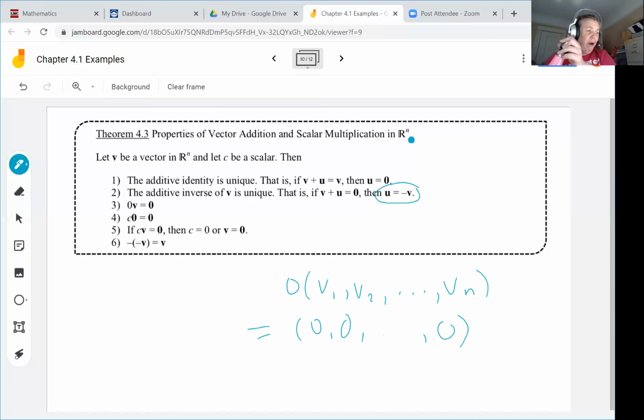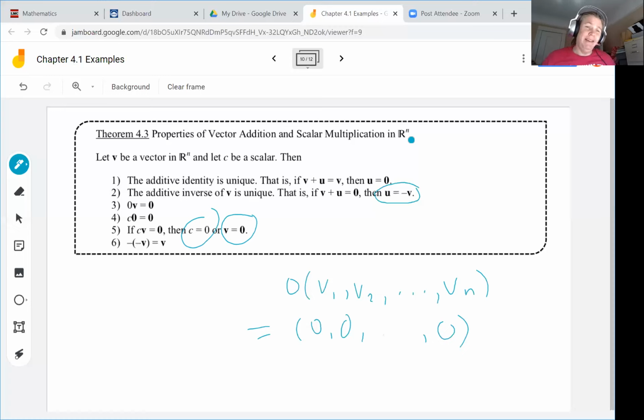Note that properties 3 and 5 both involve zeros here, but we've got two different zeros. We've got the scalar 0, that's the c equals 0, and we've got the vector v equals 0. What we saw in property 3 is when you multiply the scalar 0 times the vector, you get the vector 0.